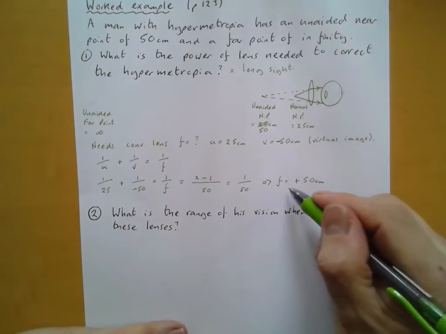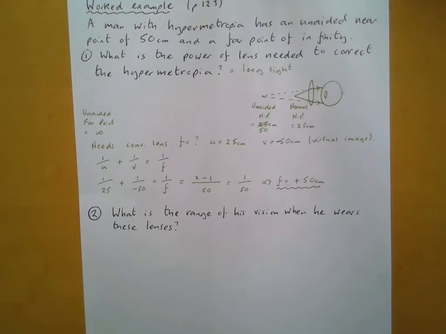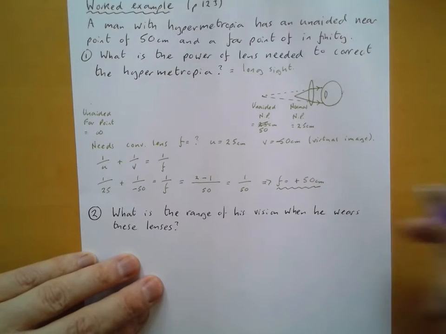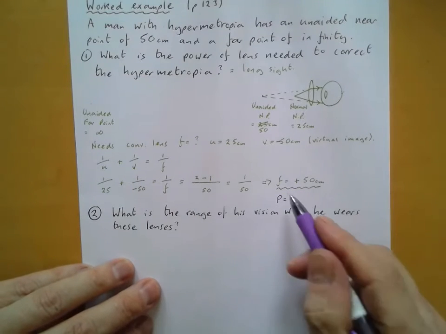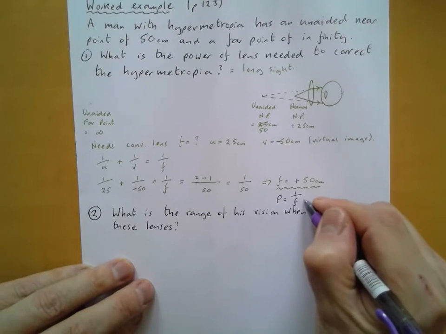Okay. Now I'm going to change color to work out the power. Right, okay, I'll put it here. So the focal length is plus 50 centimeters. Power is 1 over f.